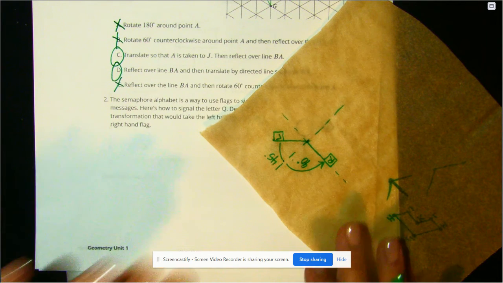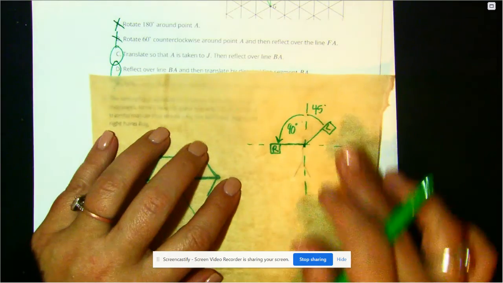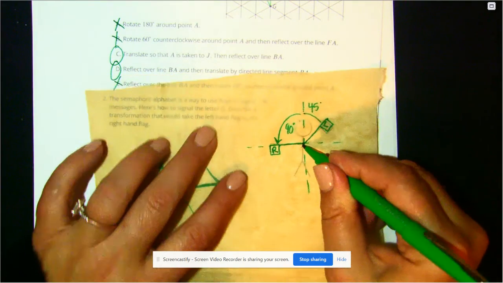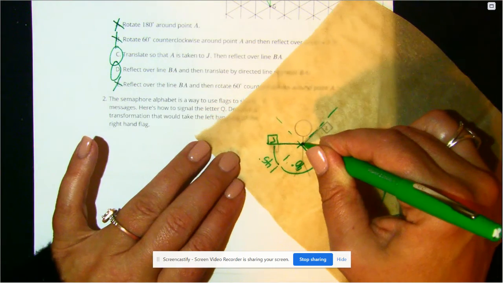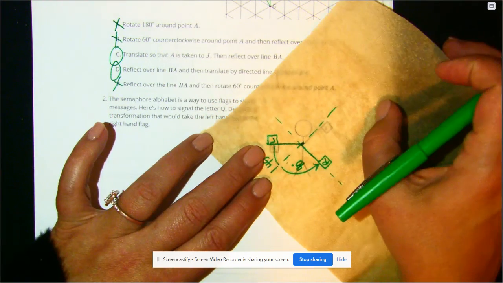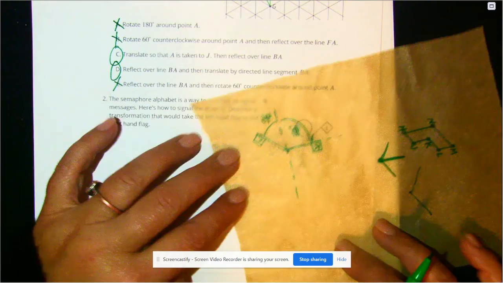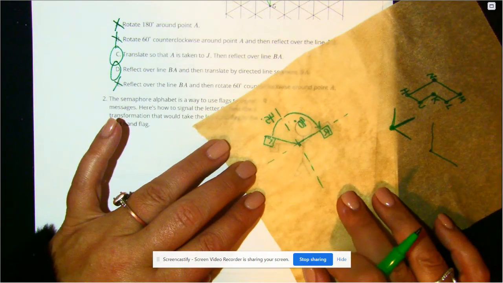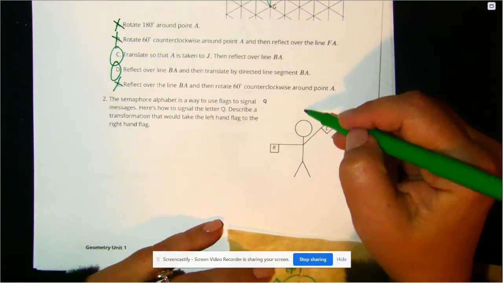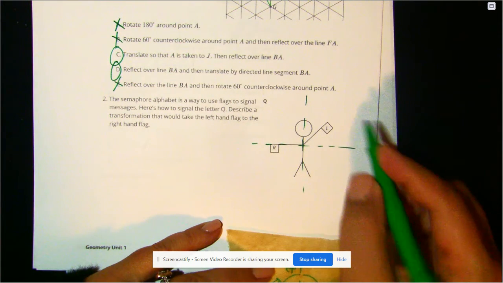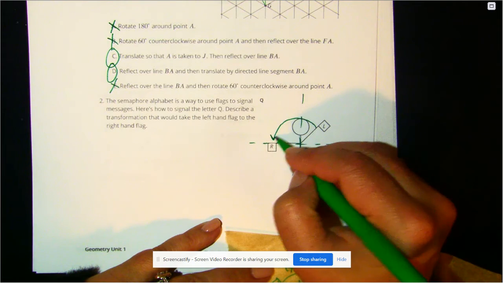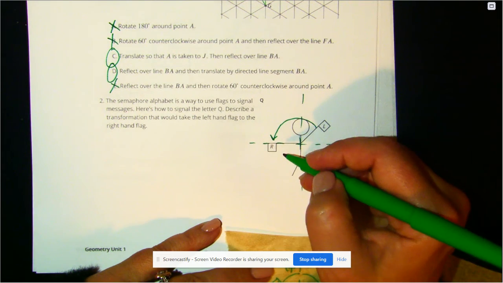After the 135, I thought it was just going to be a rotation. You have to rotate it 135 degrees, and then we have to reflect it, right? 135, but then it'd be facing up, so then we would reflect.